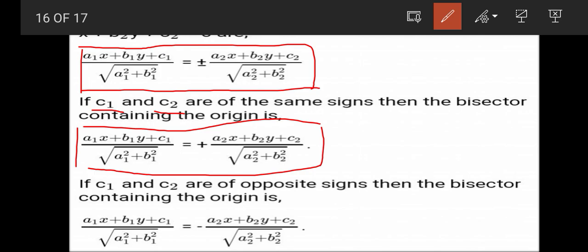And if c1 and c2 are of opposite sign, then the bisector containing the origin is given by the negative sign only. There is no big difference. We get (a1x + b1y + c1)/√(a1² + b1²) = -(a2x + b2y + c2)/√(a2² + b2²).